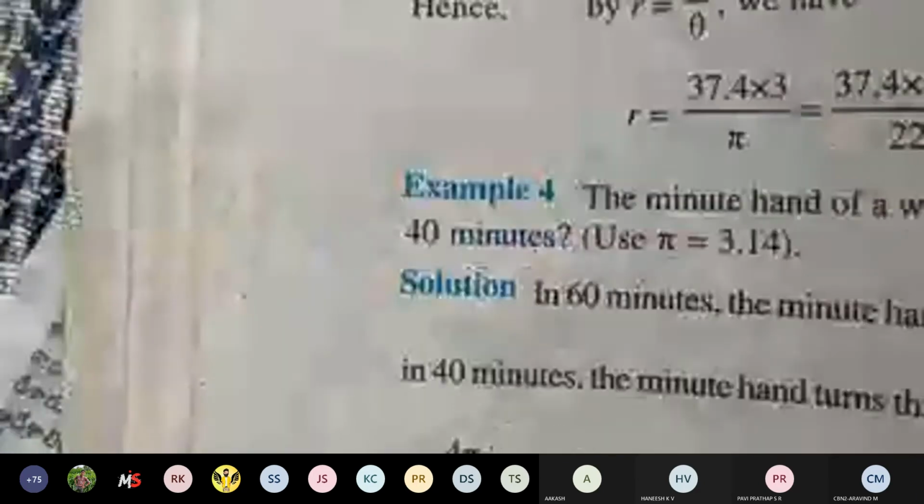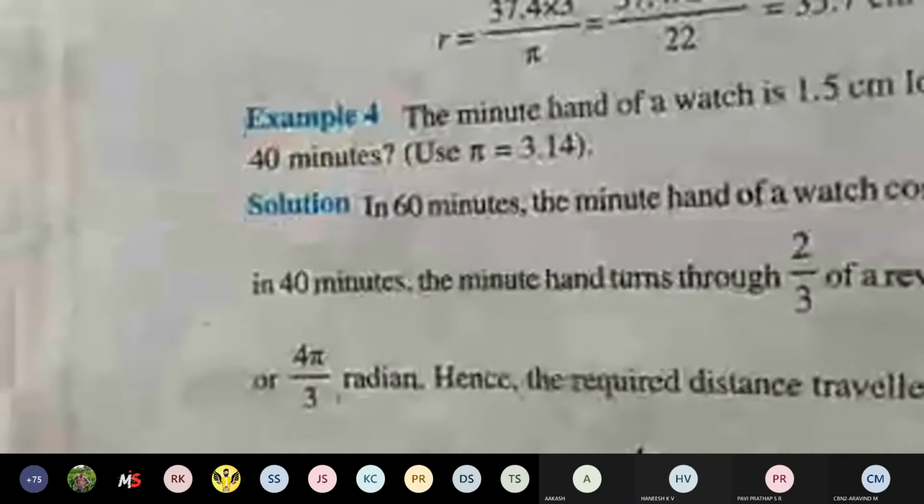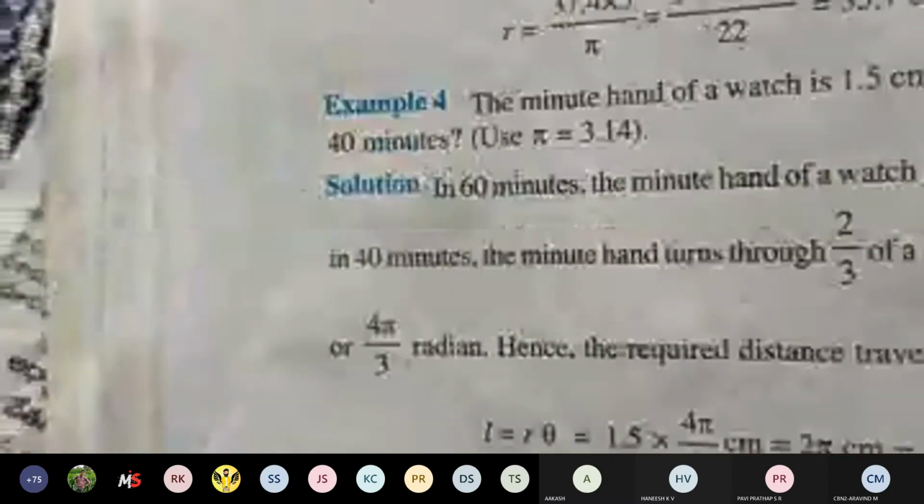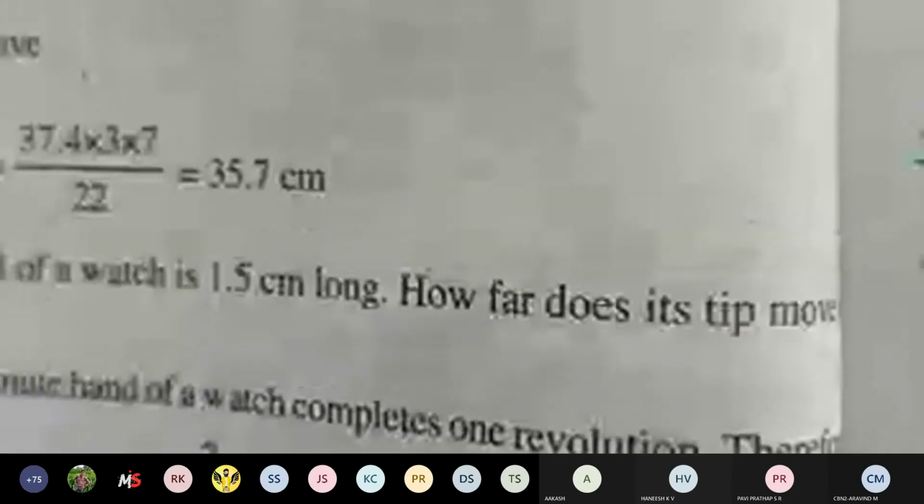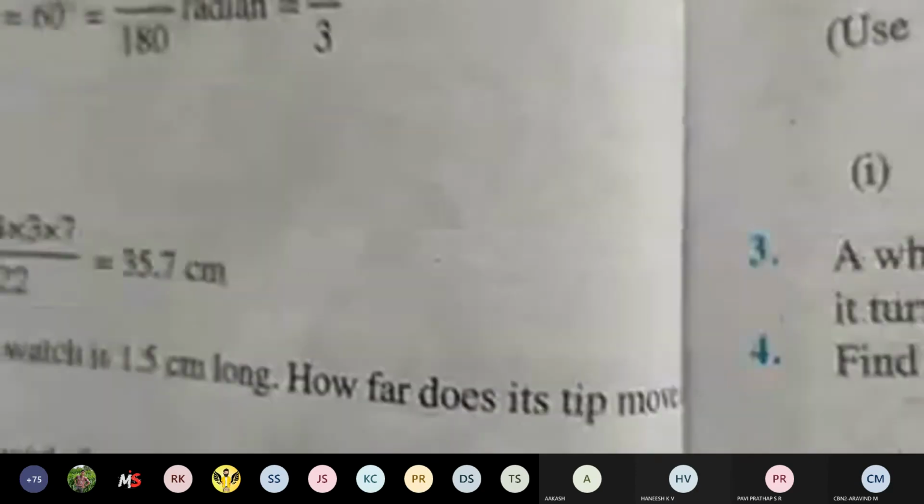Find the ratio of the radii of the circles. So theta 1 is equal to 65 and theta 2 is equal to 110.